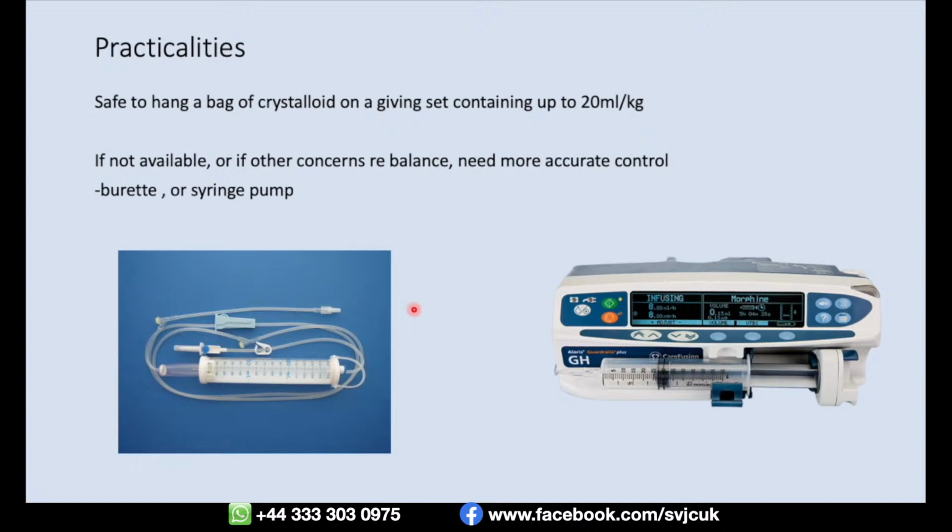Again, the idea is if you accidentally administer the whole contents of the burette quicker than you meant to, the most you will have given them is the volume in that burette. So you can hang a 1 litre bag of crystalloid, but if you've only dripped 50 mLs into the burette and you open the burette by accident, that's the most you've given. And you can measure really accurately on these. So these are good for in-between sized children.